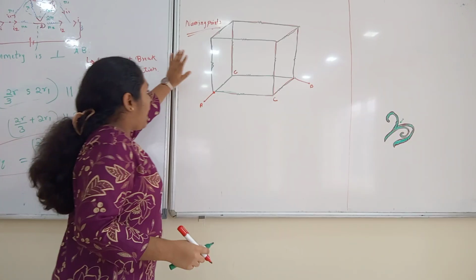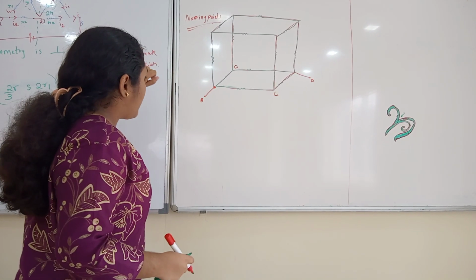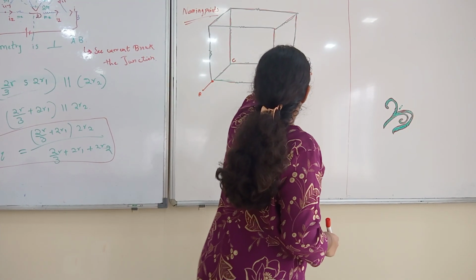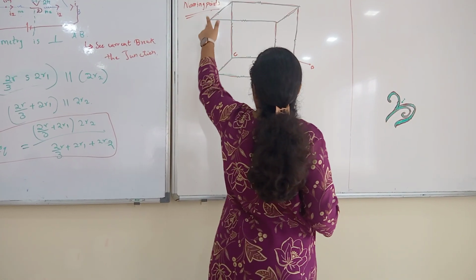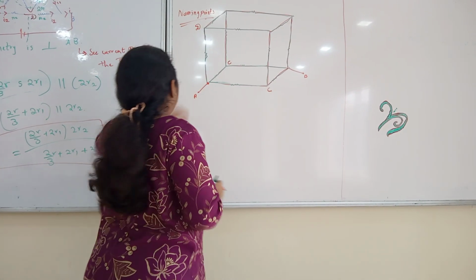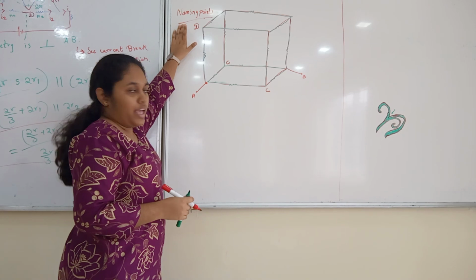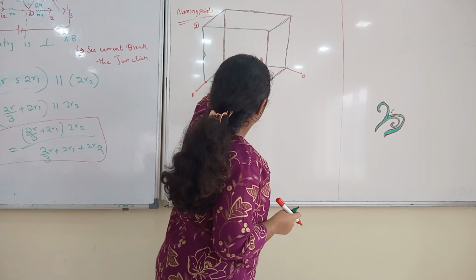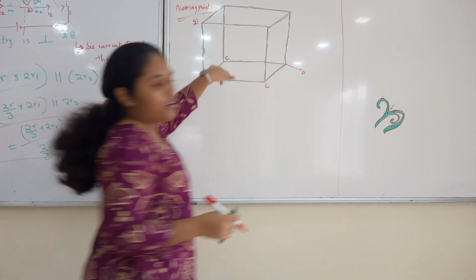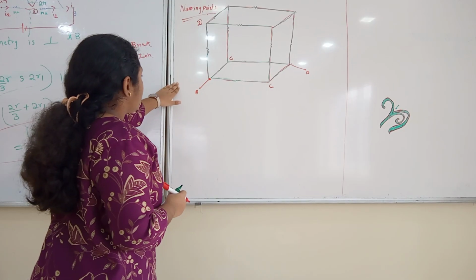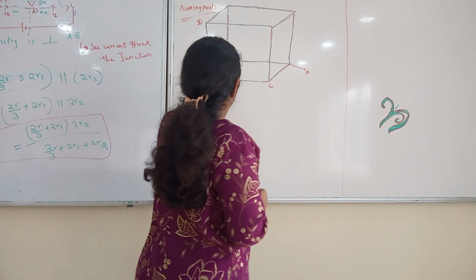Okay. Let's take another one point such that, let's take B. One from A and 1, 2, 3, three from B. So this is B. Another one point is there. नहीं.